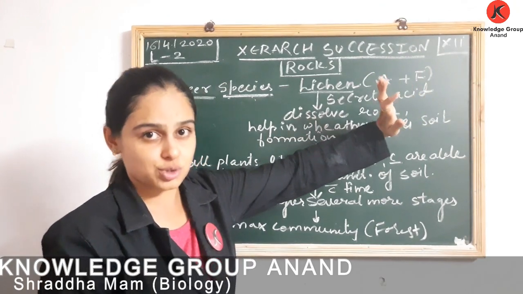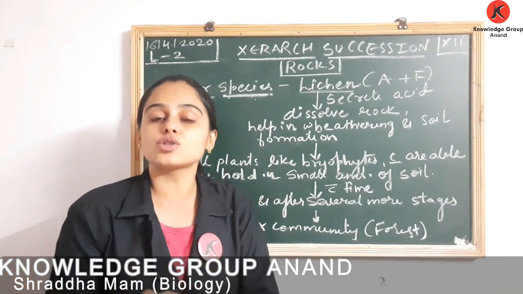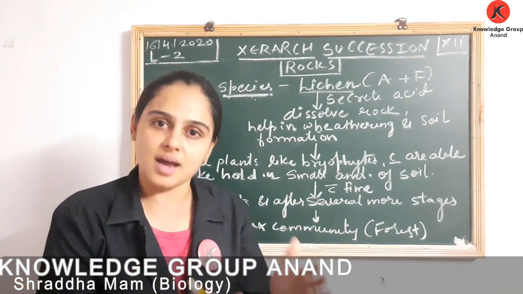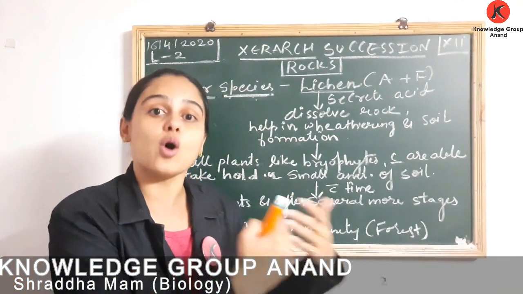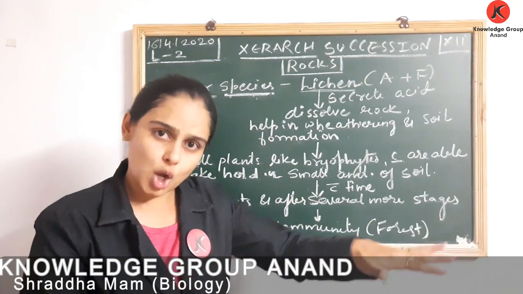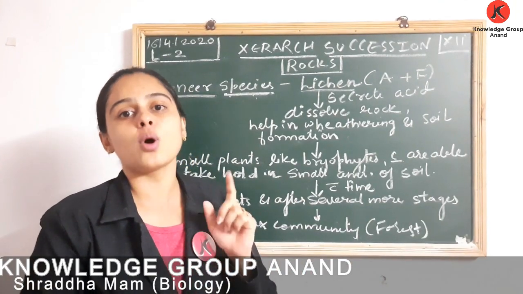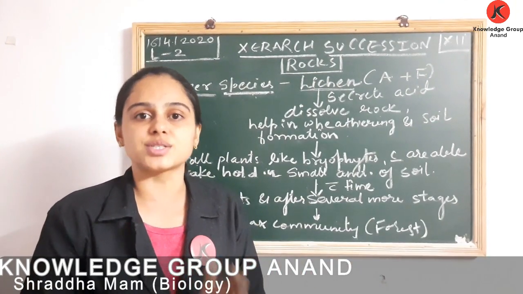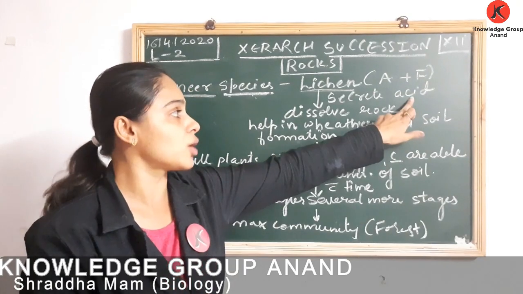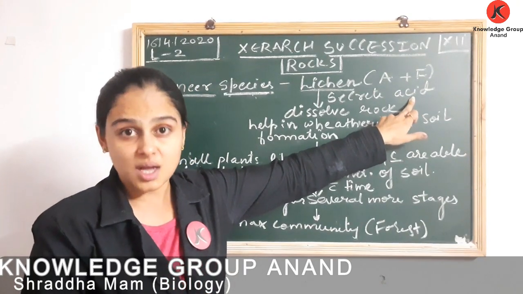This we have understood. Now what happens during the course of time, these lichens die, they release their organic material on those rocks. Apart from this, as an excretory product, they secrete acid.